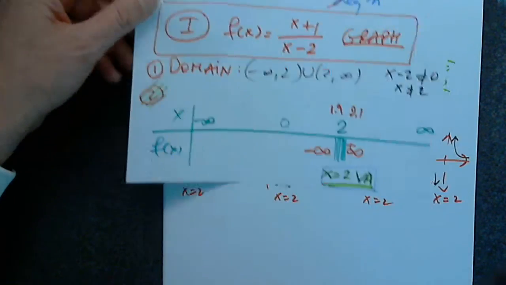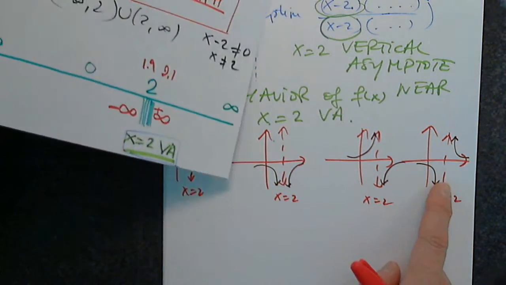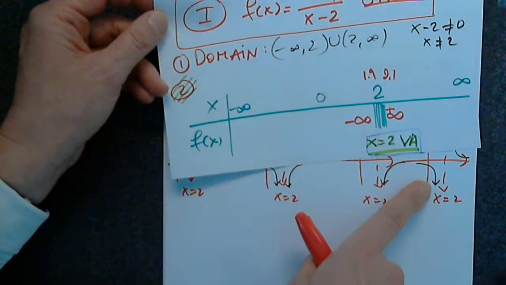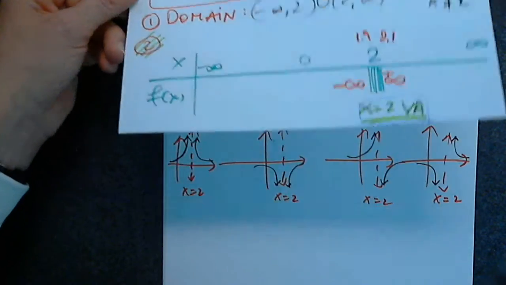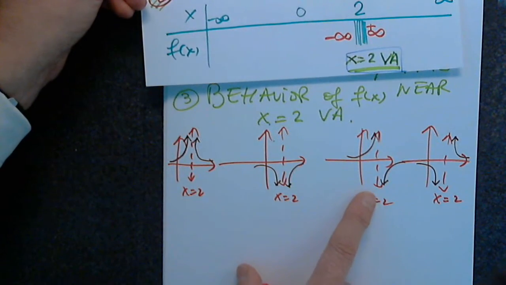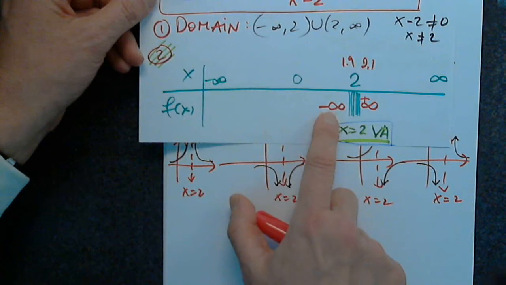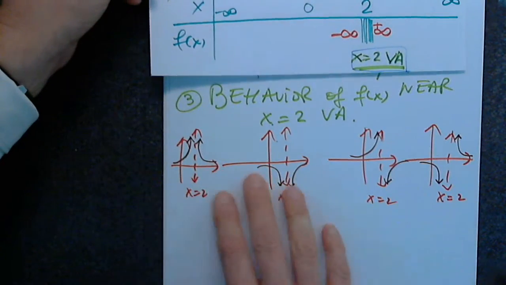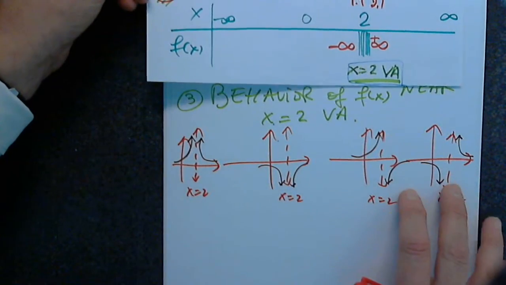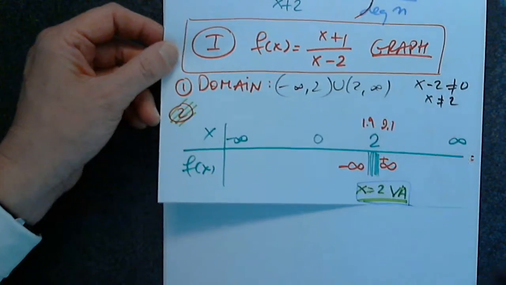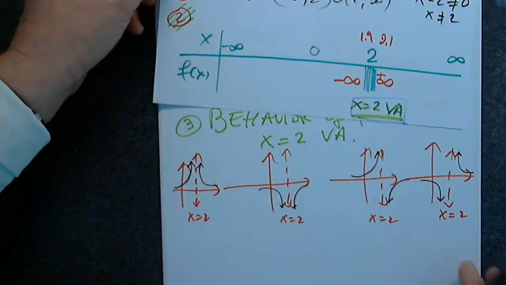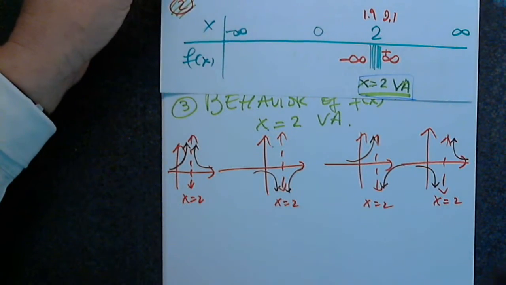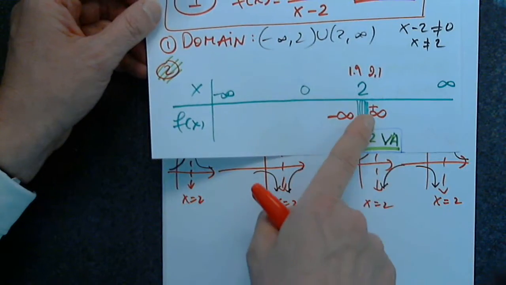Positive infinity would have been positive infinity, and negative infinity would have been negative infinity. I was just listing the possibilities. We don't have to choose from these. Whatever we get, that's what we use. I was just showing what the options are for this function. In this case, it will be this option, because it's negative infinity and then positive infinity.